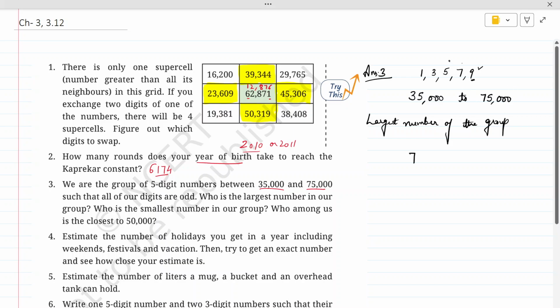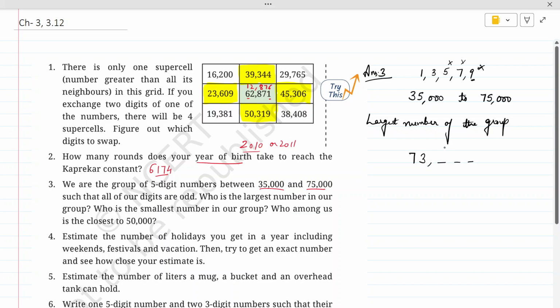I cannot repeat 7 either. 77,000 is out of the range, 75,000 something is out of the range. So what I can take is 3, because 73,000 something will be less than 75,000 but still on the higher side. So now I can take 73 and fill the rest 3 digits.